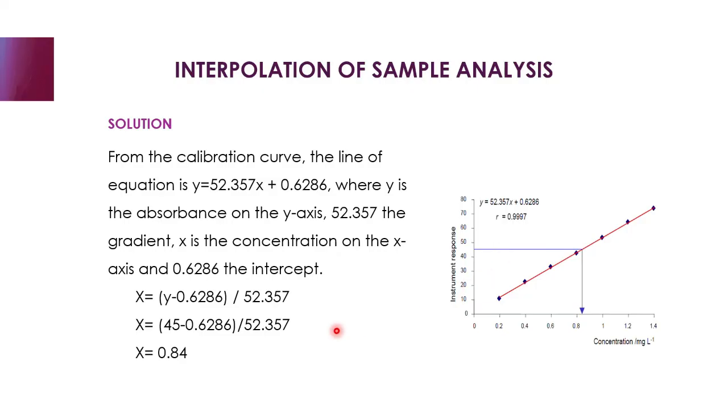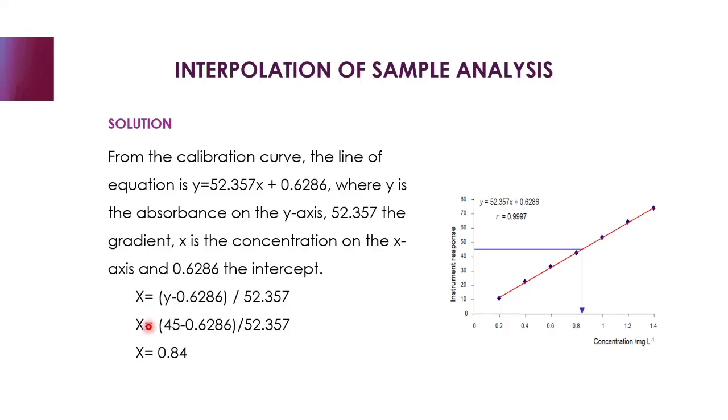So what we have to do is to make S the subject from this equation. Making S the subject, we will have S equals y minus 0.6286, all divided by the slope, which is 52.357. After this, we then put in the value of the absorbance, which is the y.